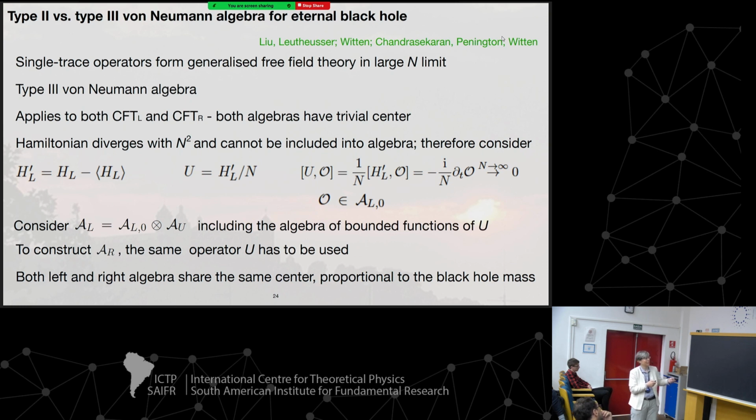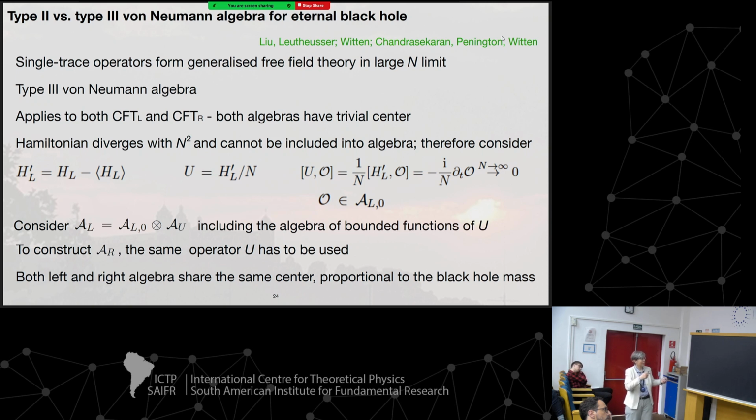And so then considering this operator U, which is essentially this Hamiltonian divided by N, if you calculate the commutation relations, using the Schrödinger equation you get this, and in the strict large N limit, this commutes, okay? And it commutes with all the operators in the left algebra, okay? So this means that there's no center.